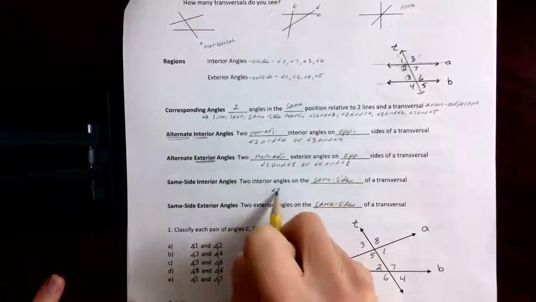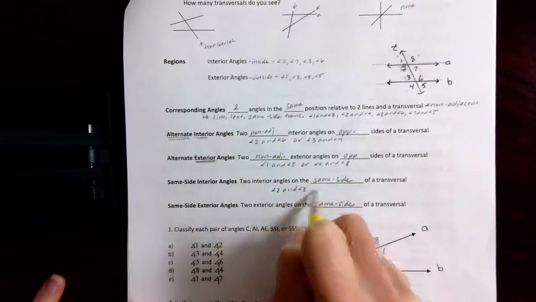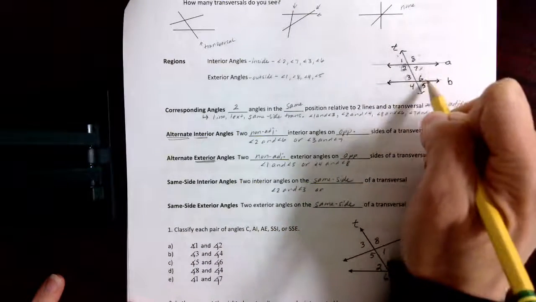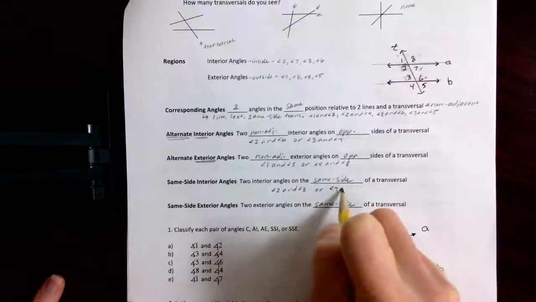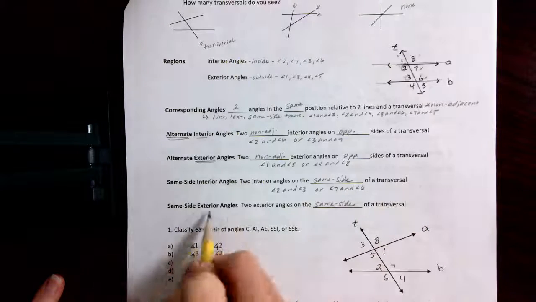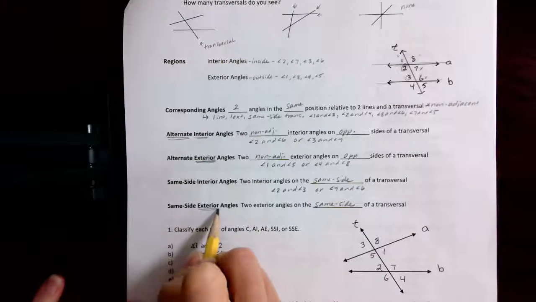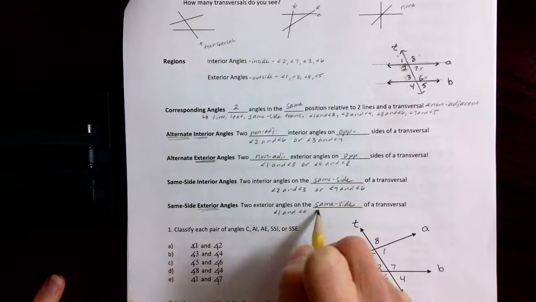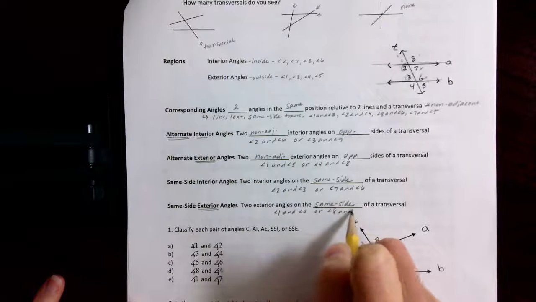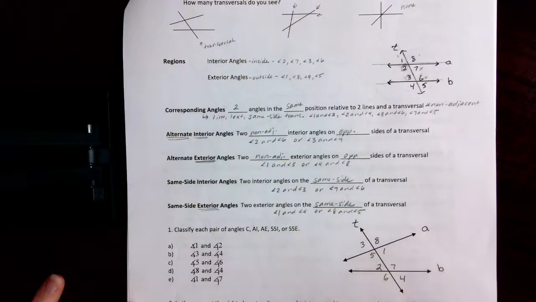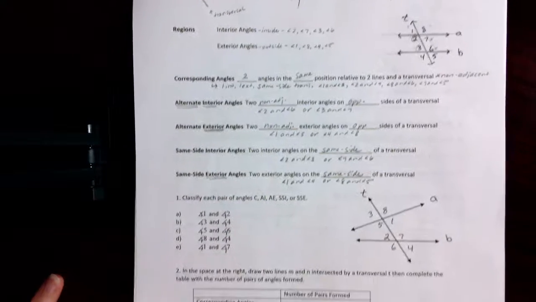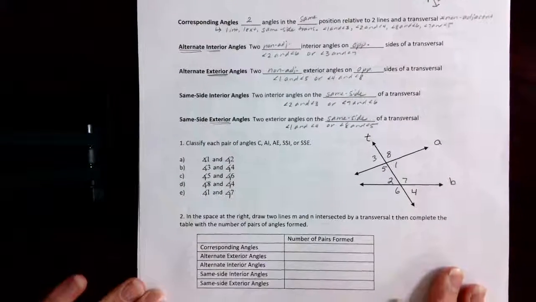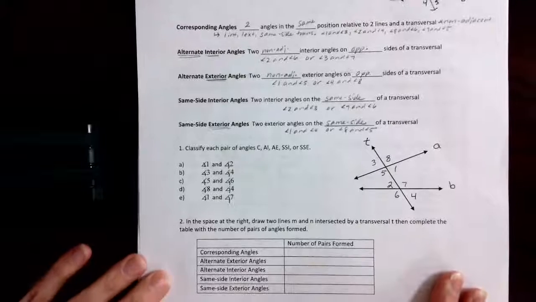Okay, so angle 2 and angle 3, or I could also pick angle 7 and angle 6. Okay, same side exterior angles, so angles on the outside would be like angle 1 and angle 4, or angle 8 and angle 5.